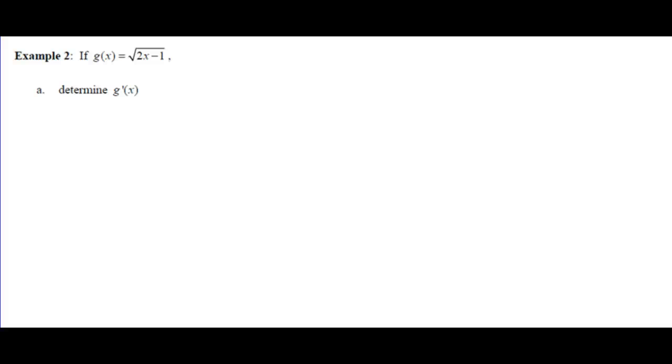Okay, so we are going to determine g prime of x. And let's see, let's start up here. So g prime of x is defined as the limit as h approaches 0 of g of x plus h minus g of x all over h.